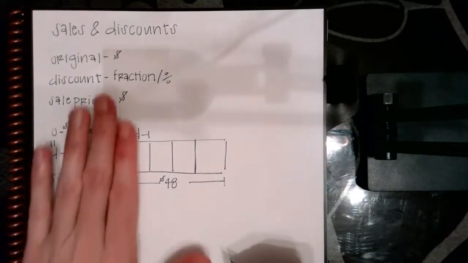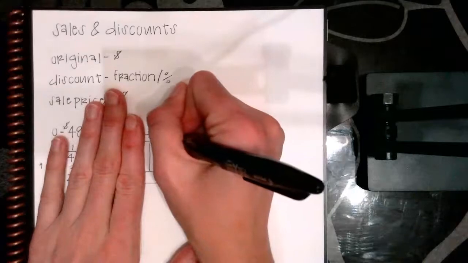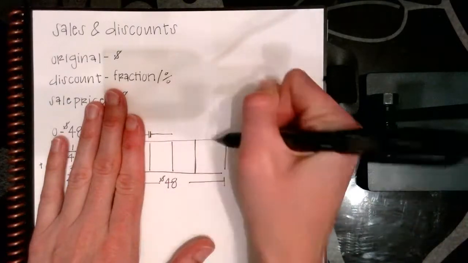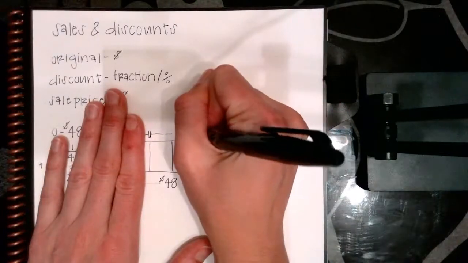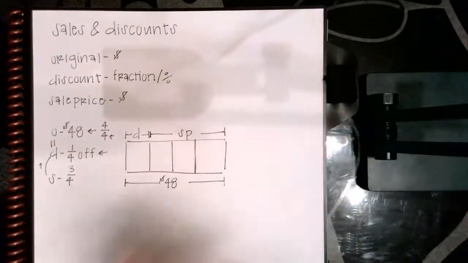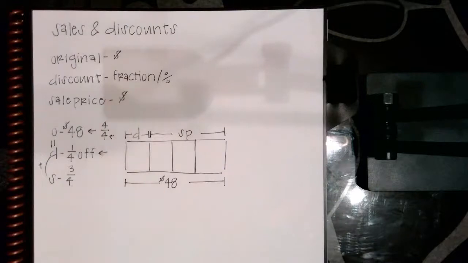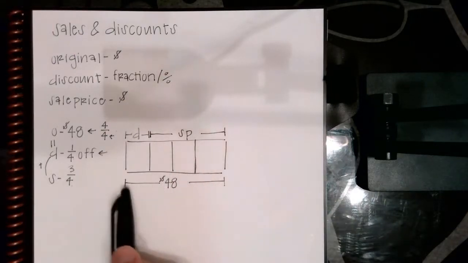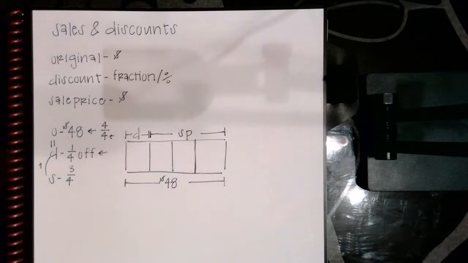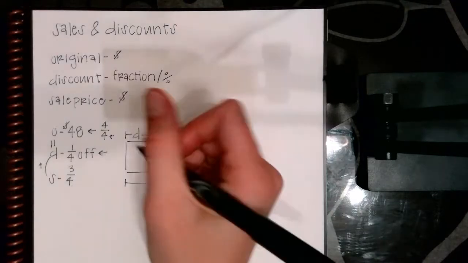So that means I will end up not paying this discount, and what is left will be the sale price. Now I have to figure out what 1/4 of 48 is. So there are 4 different boxes. So I'm going to take my total, 48, and divide it by 4. 48 divided by 4 is 12.